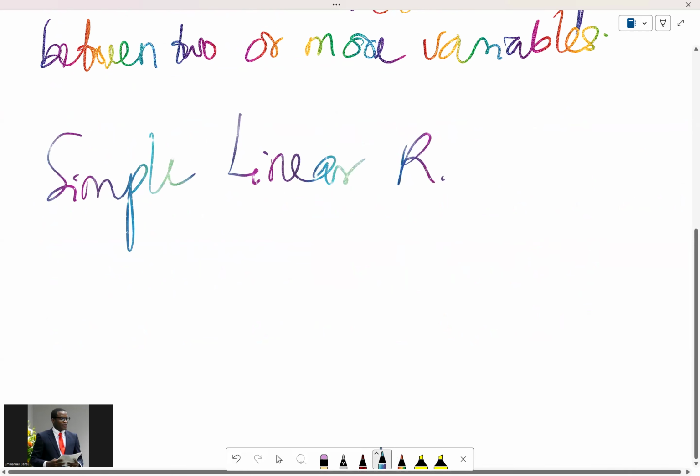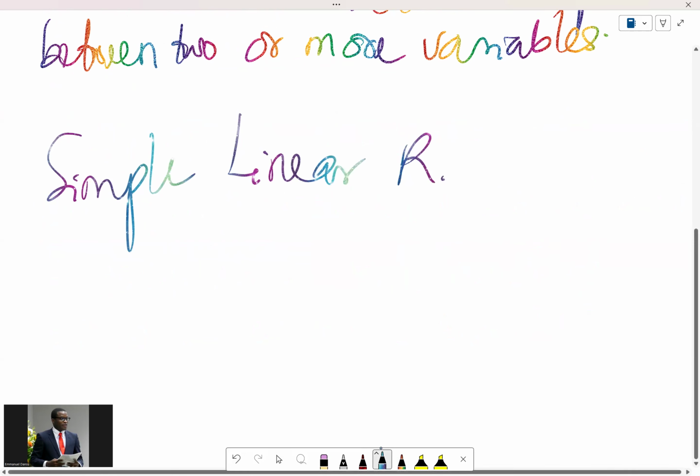Epsilon is the error term representing the difference between the observed and predicted values. So y equals b naught plus b1 x plus epsilon.